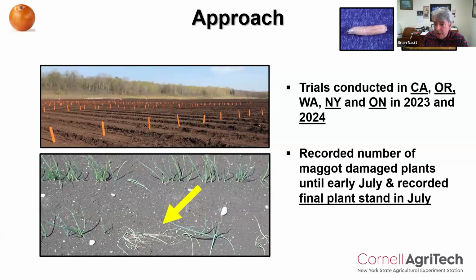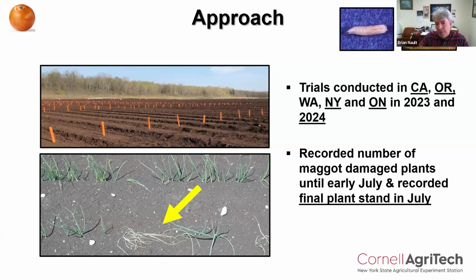So in terms of where the trials were conducted, they were conducted in California, Oregon, Washington, New York, and Ontario in 23 and 24. In the interest of time, I'm going to only show you data from California, Oregon, New York, and Ontario in 2024.